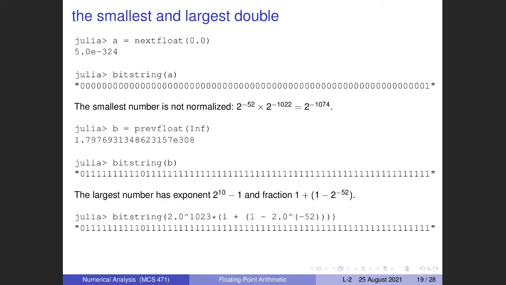So symbolically, we have this predefined inf, and we can ask what is the previous float before inf. So just before you hit infinity, well, we have the largest exponent that we encountered earlier, and then we have everything is a 1 in the fraction.